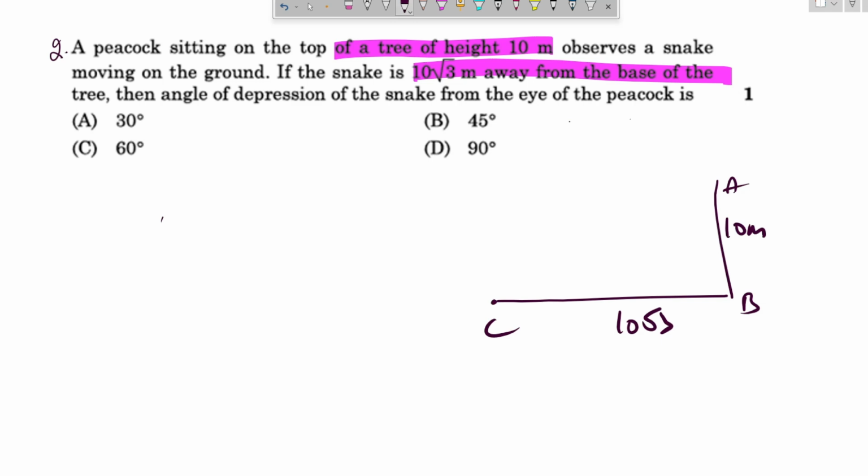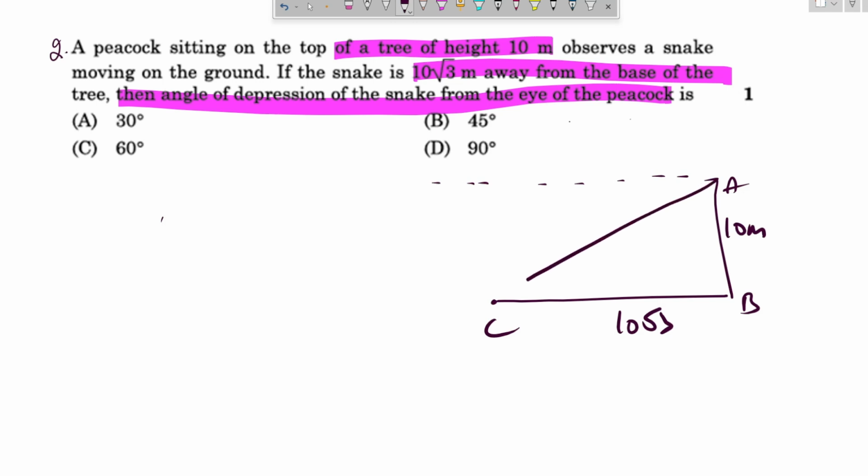The angle of depression from the eye of the peacock is, options are given, so you need to find the angle of depression. Here the angle of depression is nothing but the angle formed by the imaginary line from the eye level of the peacock to the line joining point A, where the peacock is sitting, and point C, where the snake is moving.